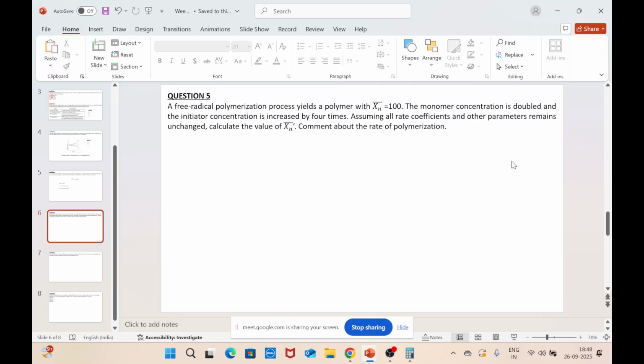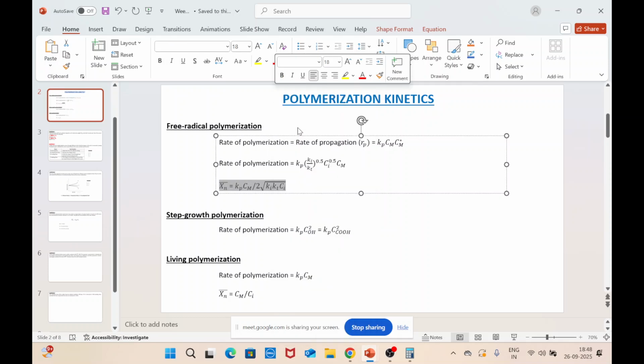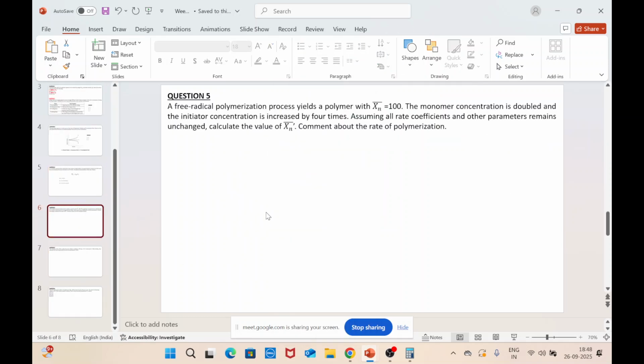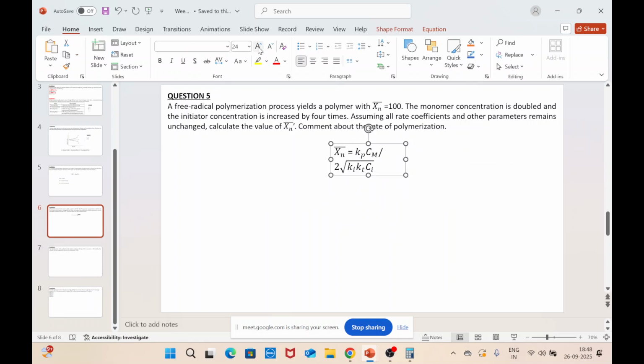So how do you calculate this value? For this we are supposed to know what factors the number average degree of polymerization depends upon in case of free radical polymerization. So let me just give you the equation.